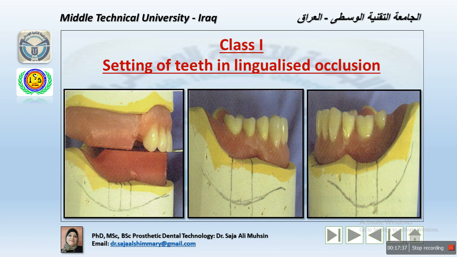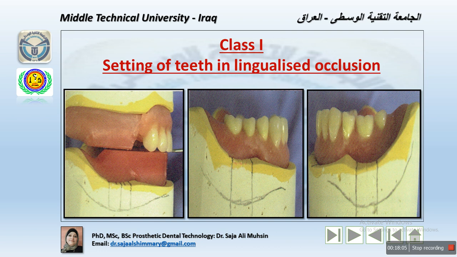The last occlusal table should be within the slopiest area of the lower ridge, and that's why probably most dental technicians find that the setting of teeth in lingualized occlusion is a little bit complicated. But after much experience dealing with such cases, maybe they become professional in setting the artificial teeth in lingualized occlusion.